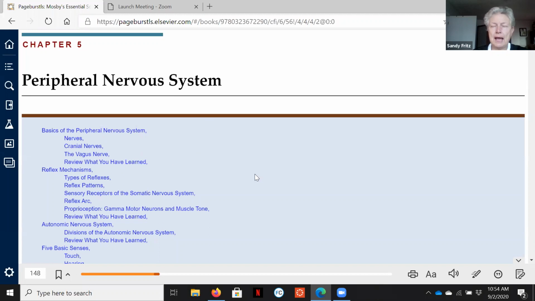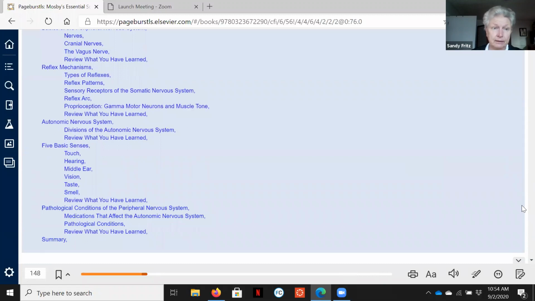So I can draw a line along my arm that might be on top of a somatic nerve. It's a little harder for me to put my hand on a nerve that is controlling digestion. And we're also going to delve into the basic senses that go here, and then the pathology.